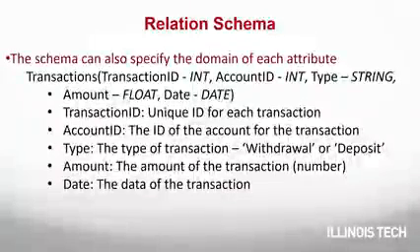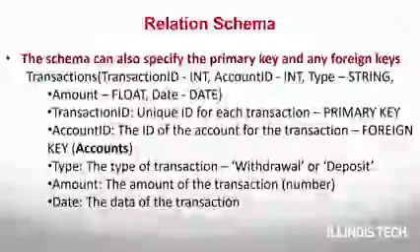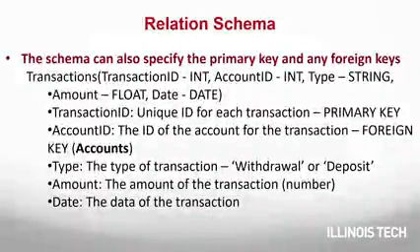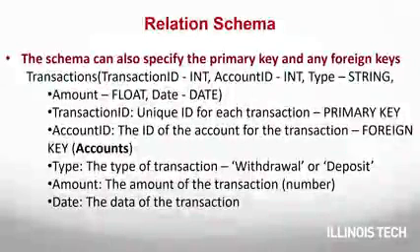We may also want to show in the relation schema which attributes are keys. For example, here in the transactions relation, the transaction ID constitutes a primary key for the relation because it is unique to each specific tuple. We also can show that the account ID is a foreign key. It's a key into a different relation, the accounts relation, which has a unique account ID for every particular account in the banking system.